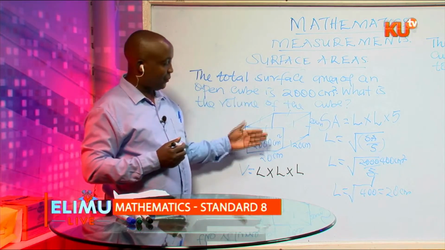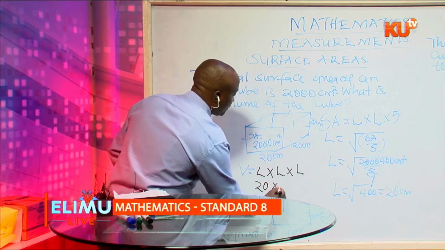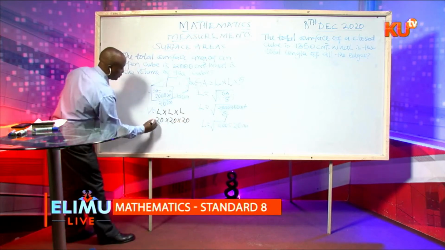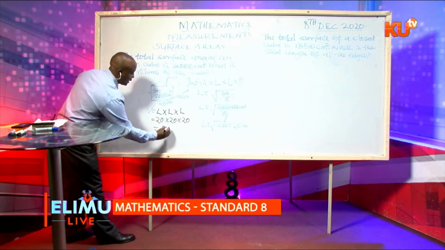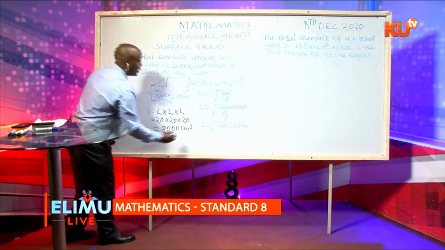So to find the volume, we are going to take the length, which is 20, multiply by 20, multiply by 20. So when we multiply, we are going to get 8,000 cubic centimeters.